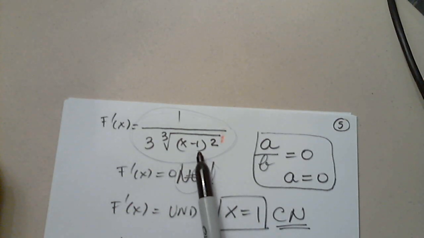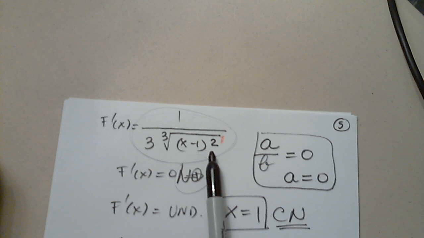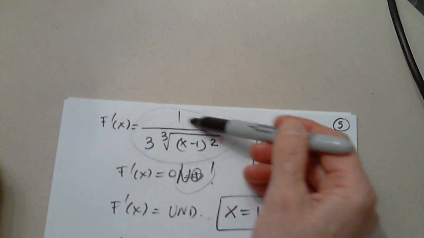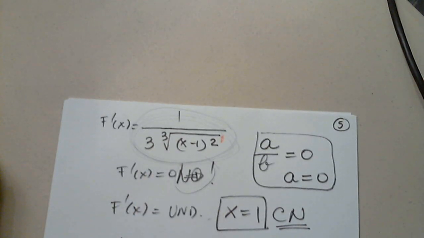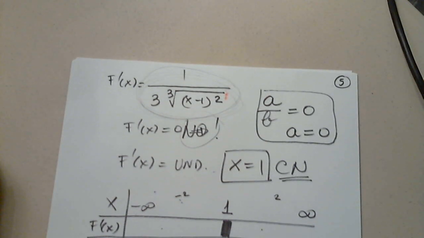-2 minus 1, -3. -3 squared is? 9. What is the sign of this? 3, the cube root of 9. I only need the sign. I don't care for the number.